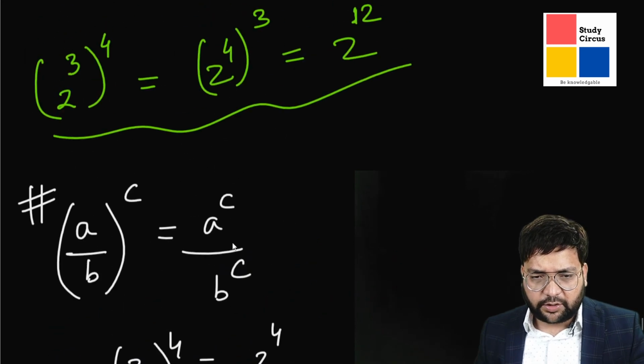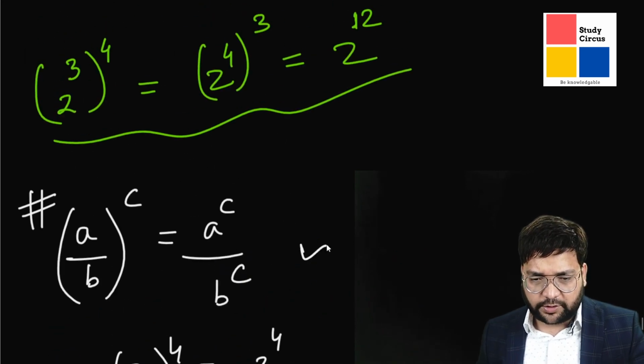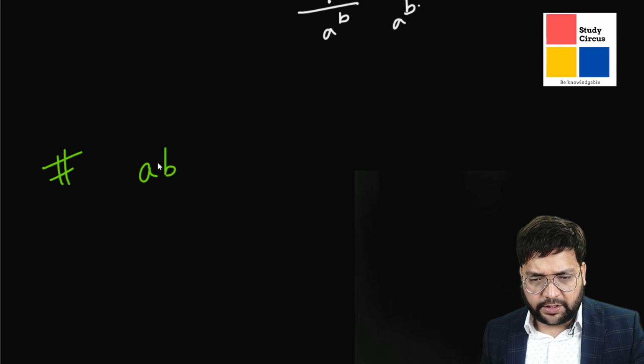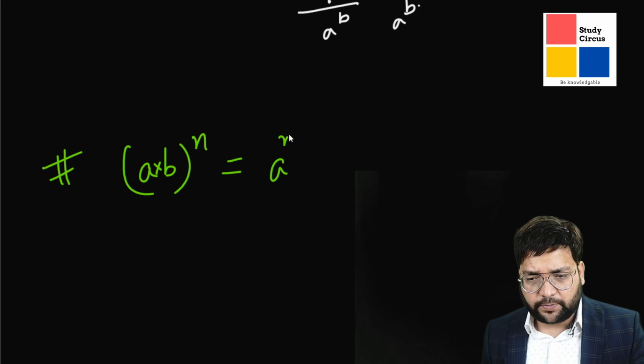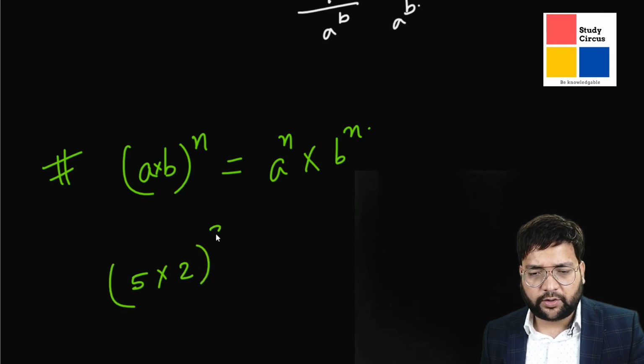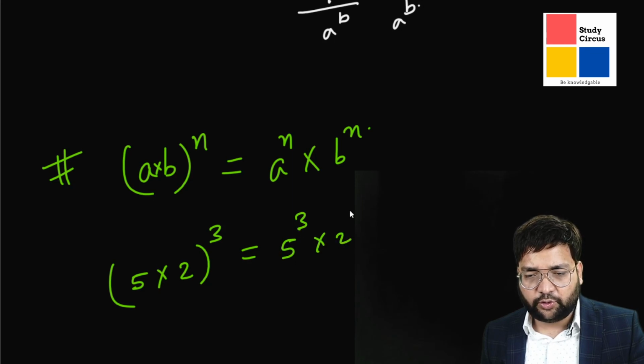Like this property only, the next one can be written as a into b whole to the power n is a to the power n into b to the power n. For example, 5 into 2 whole to the power 3 is 5 to the power 3 into 2 to the power 3.